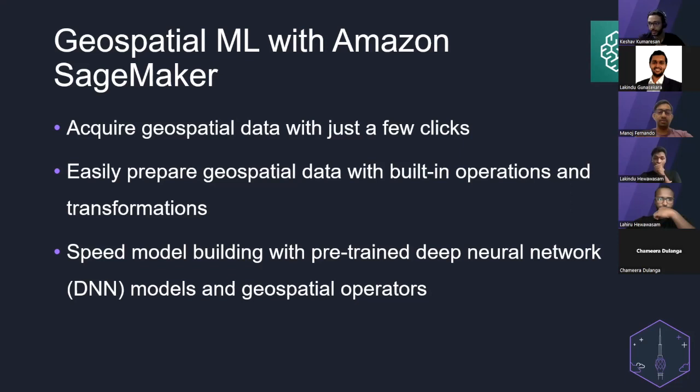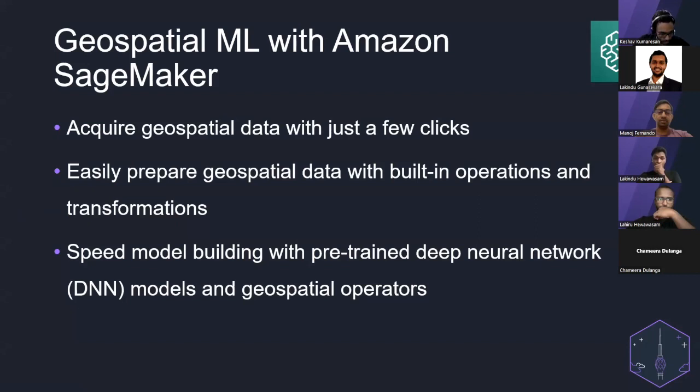So what SageMaker has introduced for this problem is their own geospatial ML, meaning they are giving already trained deep neural network models that can specialize on a new data set you provide, or are already ready to work with geospatial data. They're pre-trained models, easy to use, and you can acquire geospatial data with just a few clicks. So you don't have to do a lot of the manual processing I mentioned before.